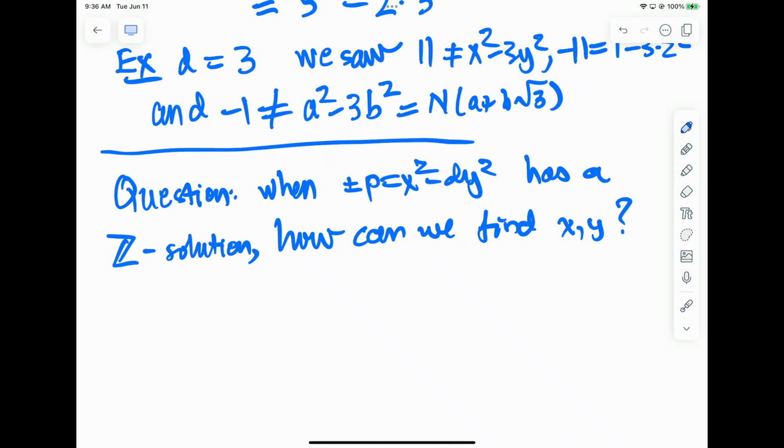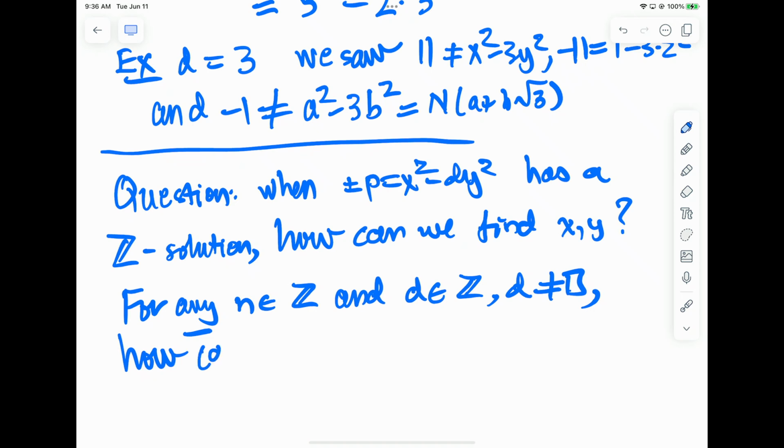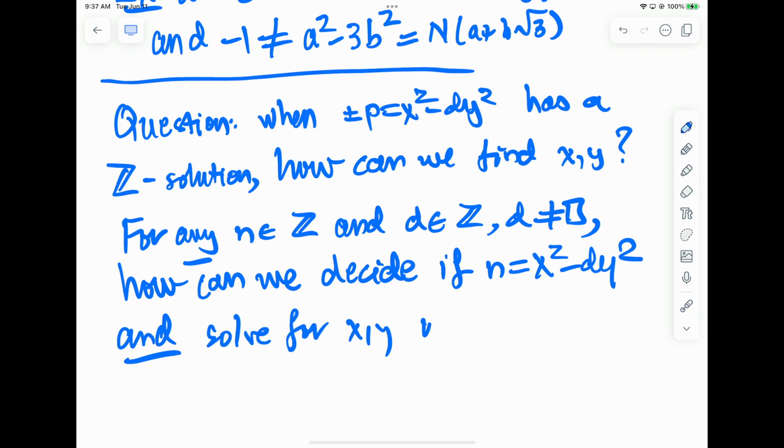If you know that, for any integer n, and d, an integer that's not a square, how can we decide if you can write n in this way, and solve for x and y when they exist, which may implicitly include determining that they don't exist?